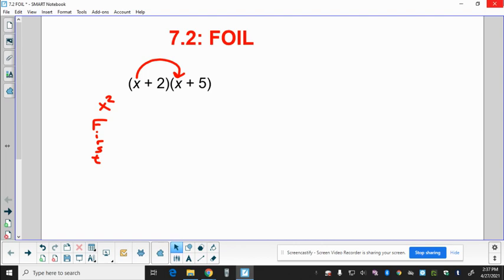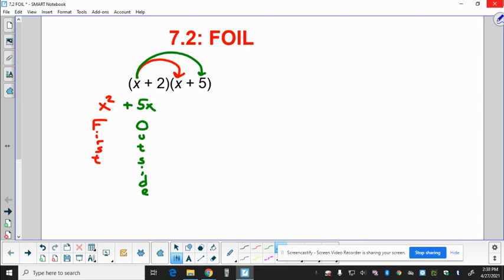Then we multiply the outside terms, or the next part of the distributive property. So this is O. So this is how we get this acronym. So x times 5 is positive 5x. So that first distributive property is complete.